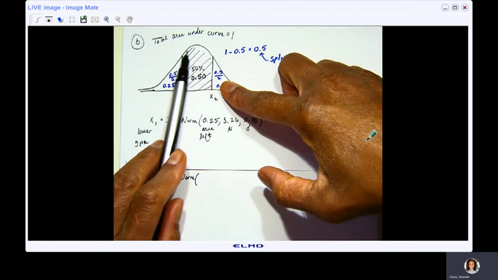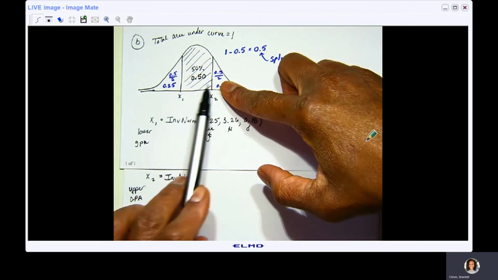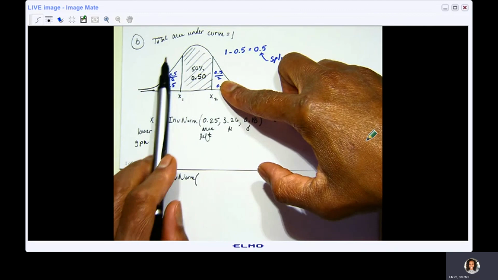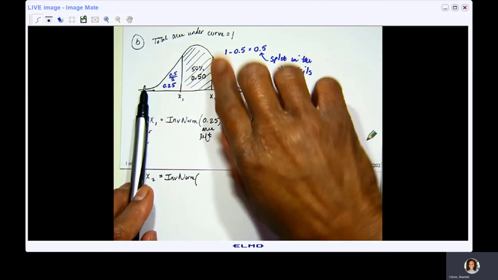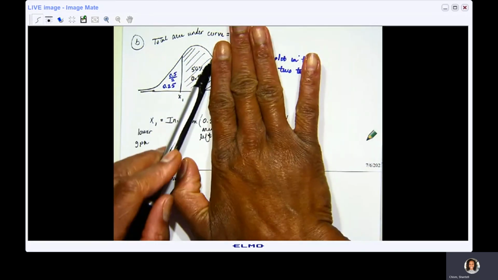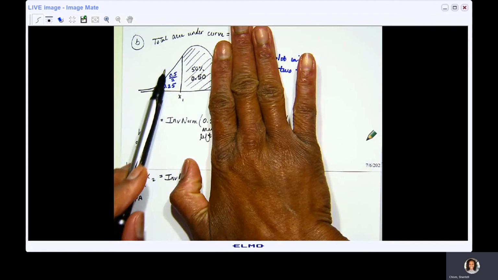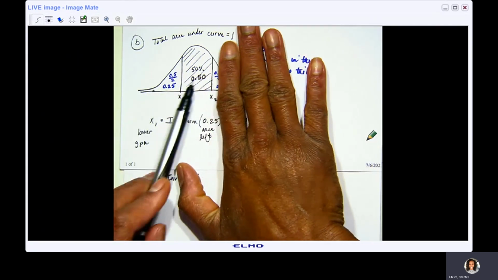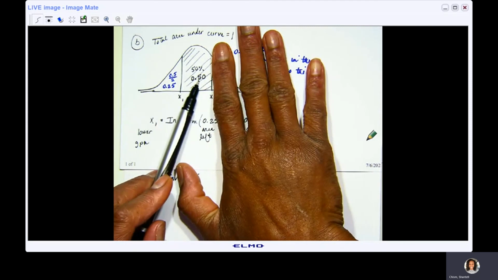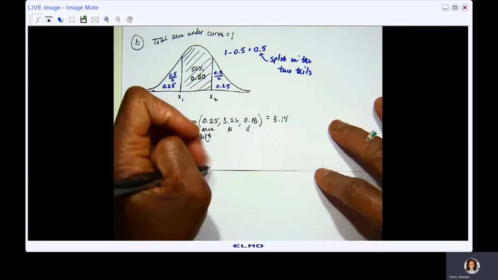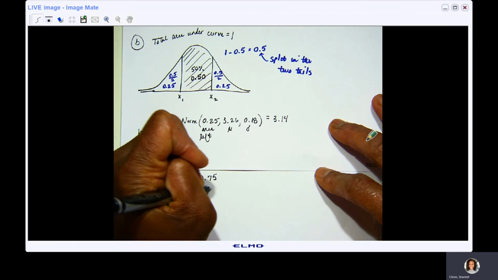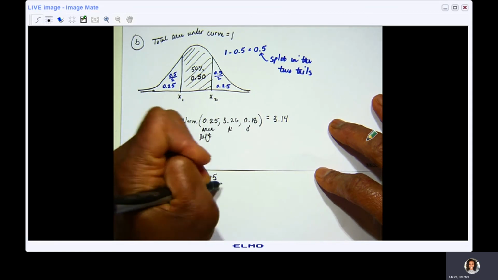So what is the total area to the left of it? Well, it would be the 0.5 and the 0.25 all together. Here's X2 right here. The total area all the way to that left tail, the total area to the left of X2, is 0.75. The 0.5 and the 0.25 together. So I've got 0.75 as my area to the left of it.